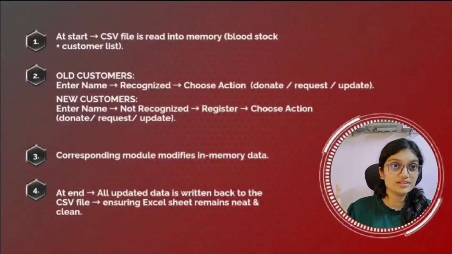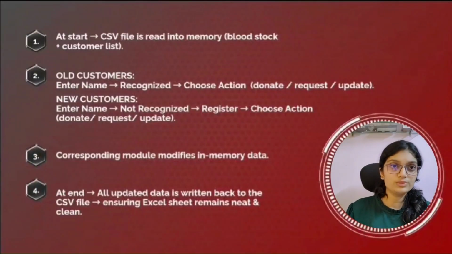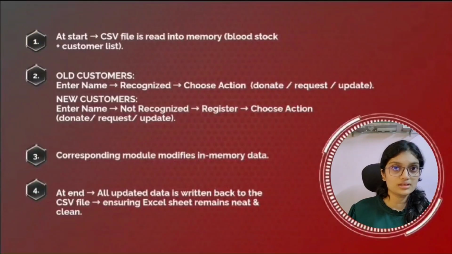Let us now understand a rough roadmap of how the database is updated and how the user gets to interact with the program. So first of all, the program reads all the CSV file details, and after that it actually behaves differently with the old and the new customers. So it first asks the customer to enter his or her name.